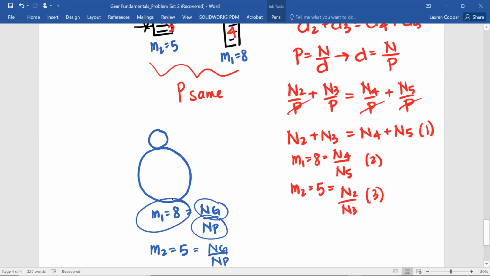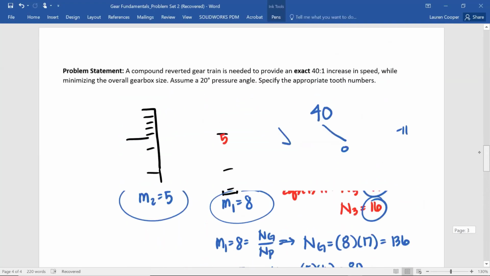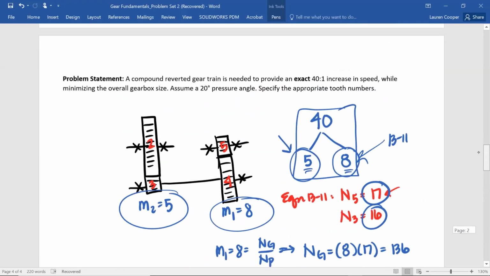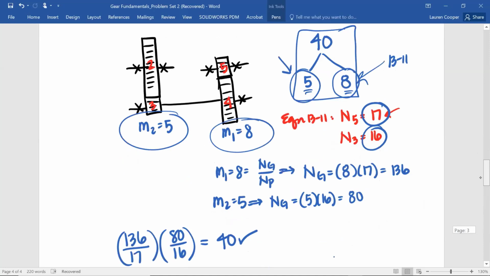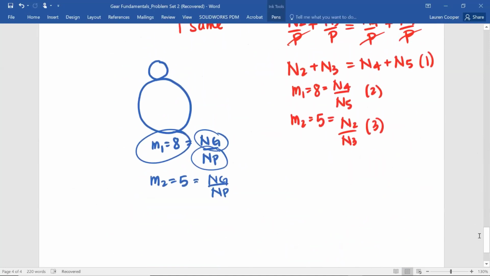So let's enter, actually we already did this, we don't have to do this again. What did we get when we entered M equals 8? It was up here somewhere. 17, so we don't need to do that again. So this gave us NP equals 17 teeth, so we're going to use that.